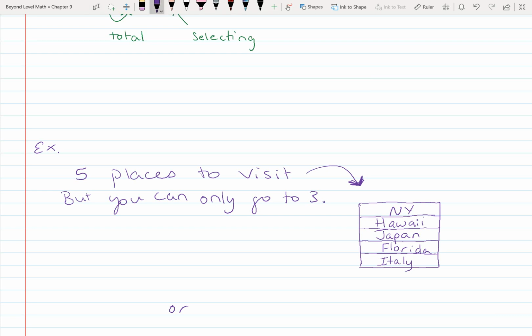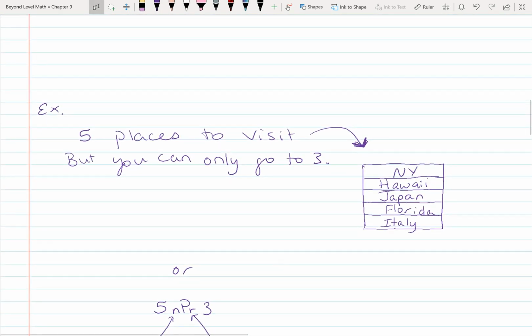You're choosing 3. So in my head, I say 5, choose 3. Or if we were writing it with the nPr, it'd be 5 nPr 3. Remember that second number. That's the number that you're going to use to make your lines. So not 5 lines. There are only 3 lines.